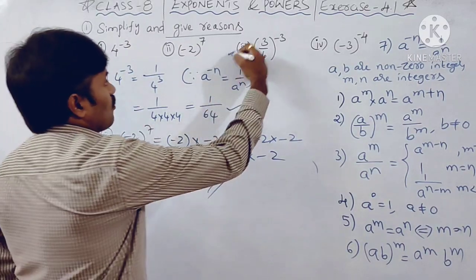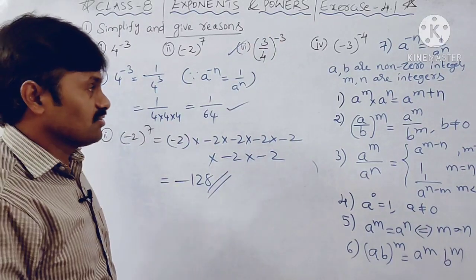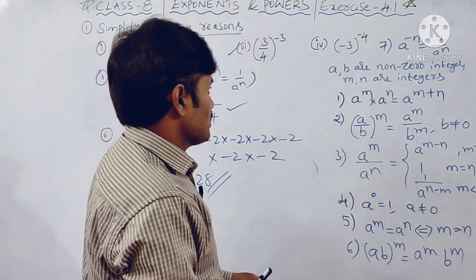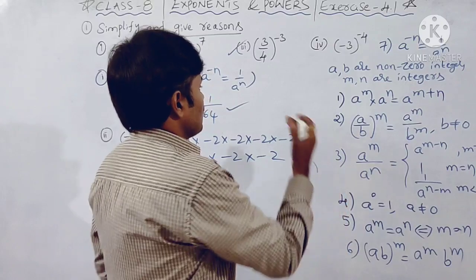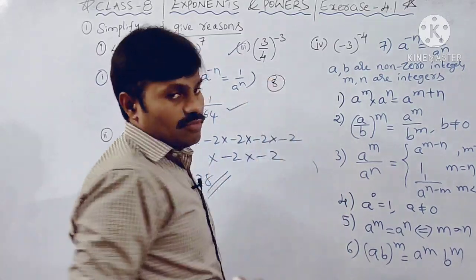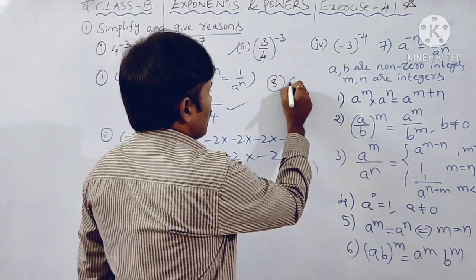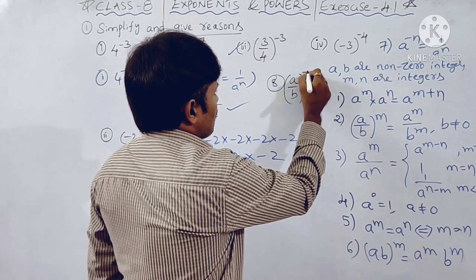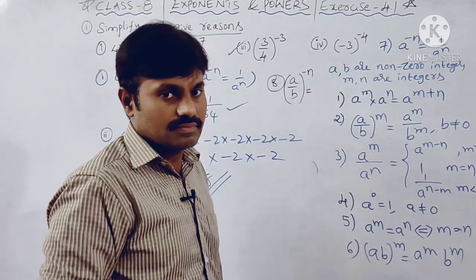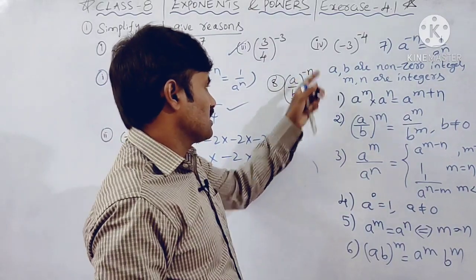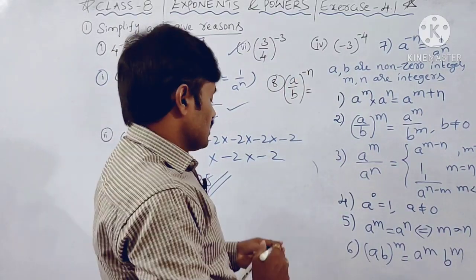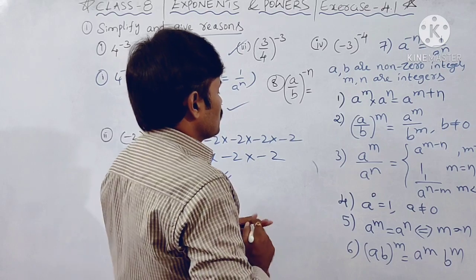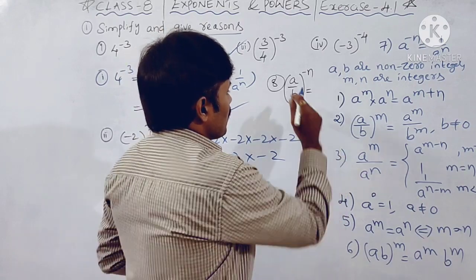Now what about the third one? This formula we forgot to discuss. So what is that? I am using a different thing to write it. a by b whole to the power of minus n can be written as the reciprocal of it, so we can write it as b by a.